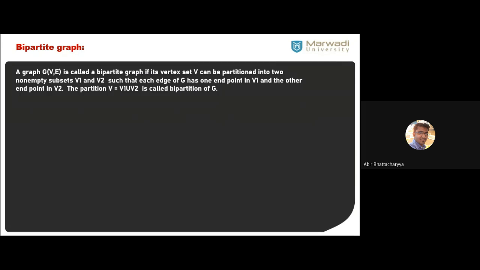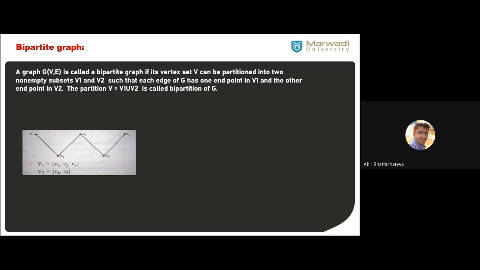It's called a bipartite graph if its vertex set V can be partitioned into two non-empty subsets V1 and V2 such that every edge of G has one endpoint in V1 and the other endpoint in V2. The partition is V equals V1 union V2, and it's called the bipartition of G.